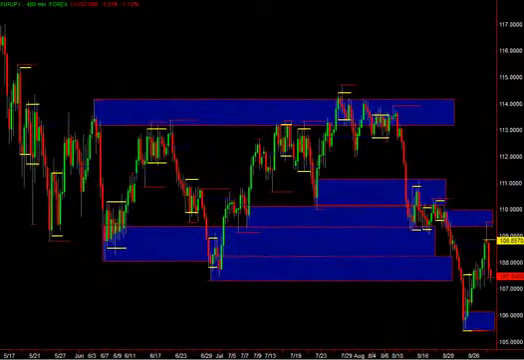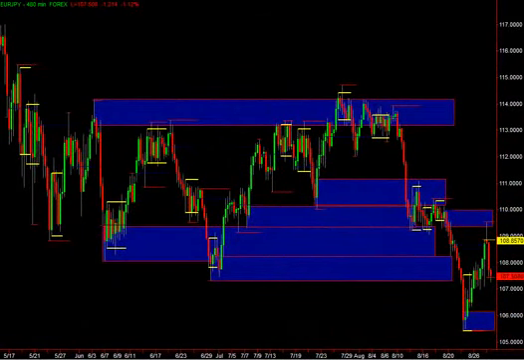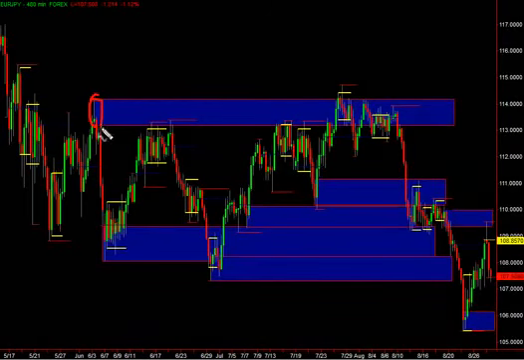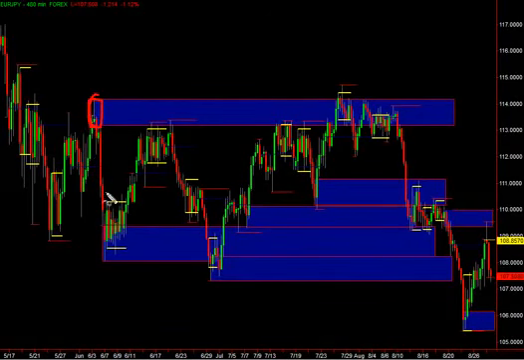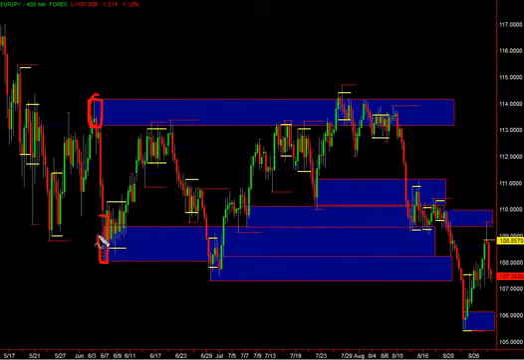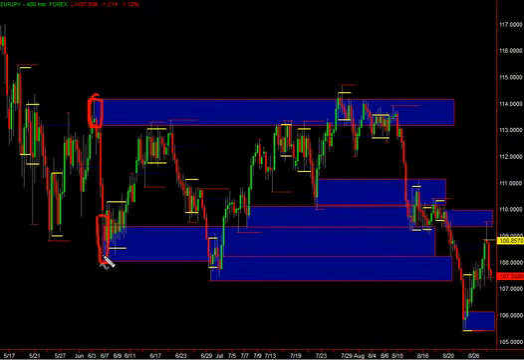Now when that's been done, what we end up with are these horizontal blue box areas. And again, all I've done to identify these zones is taken the bar at the top of the move and the bar at the bottom of the move as my extreme boundaries of support and resistance.